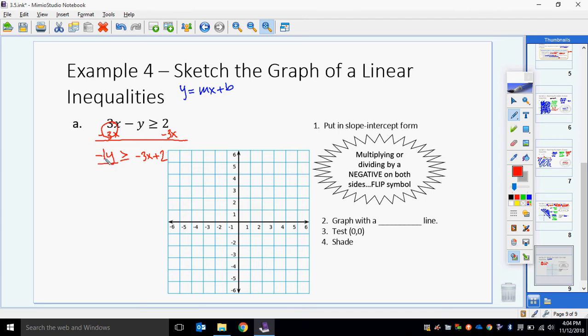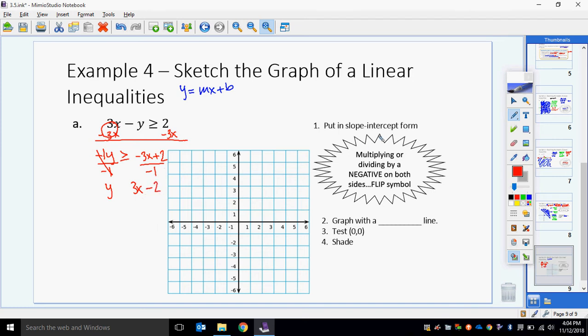Since y is being multiplied by negative 1, I'm going to divide by negative 1. If I do it to one side, I have to do it to the other. So those negative 1s will cancel. And I'm going to change the sign of negative divided by negative, so that would be a positive 3x. And a positive divided by negative would be a negative 2.